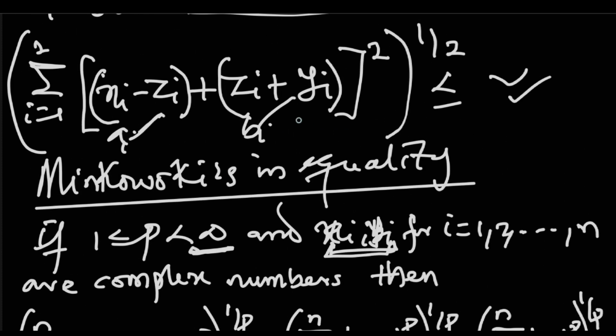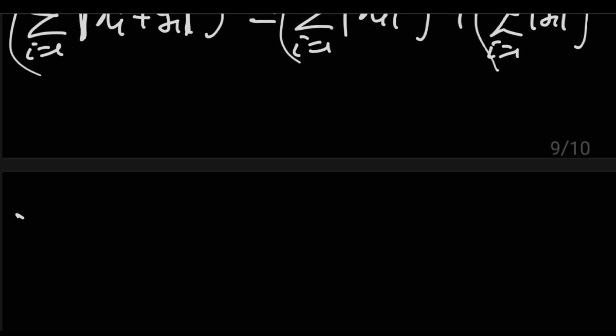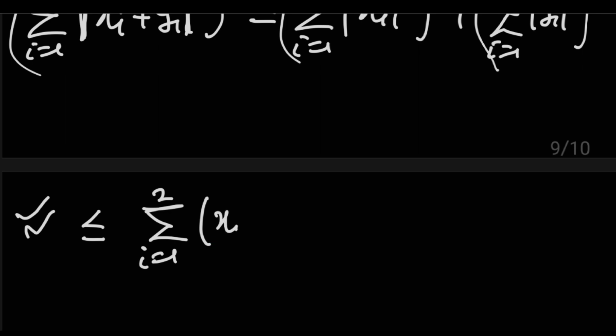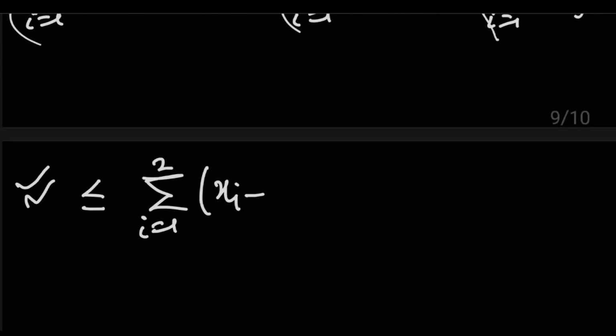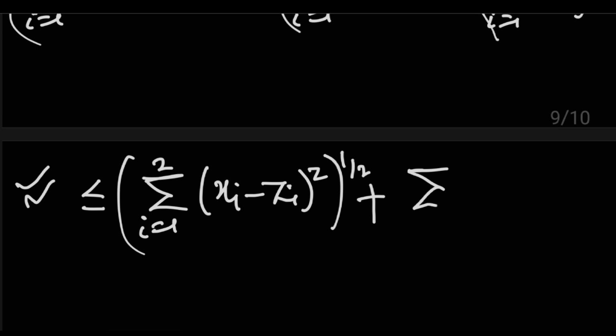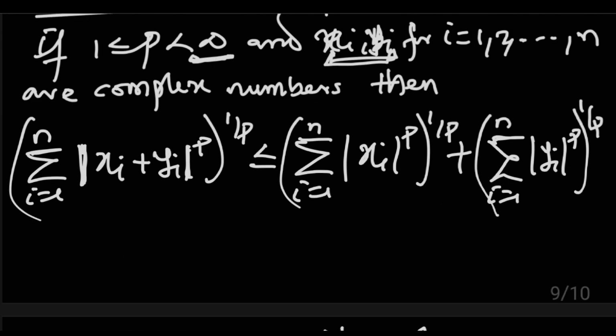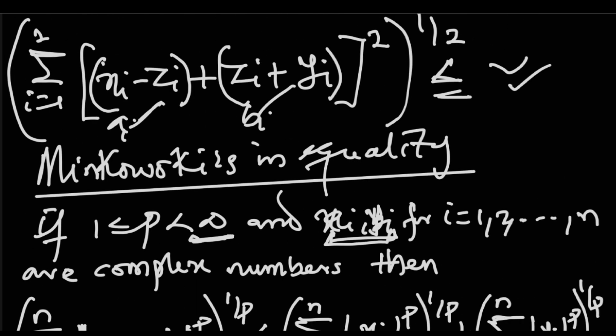So that shows that this expression is less than or equal to the sum from 1 to 2 of (xi minus zi) squared, to the power 1 over 2, plus, applying Minkowski, the sum of (zi minus yi) squared, to the power 1 over 2.